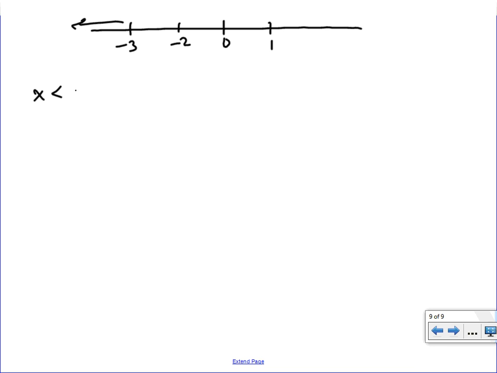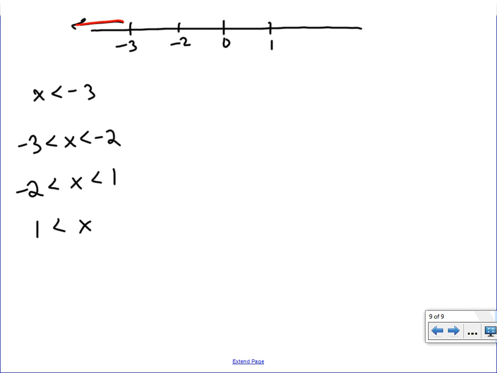Here's my sign chart. My roots break the number line into intervals. Those intervals are x is less than -3, x is between -3 and -2, x is between -2 and 1, and x is greater than 1.